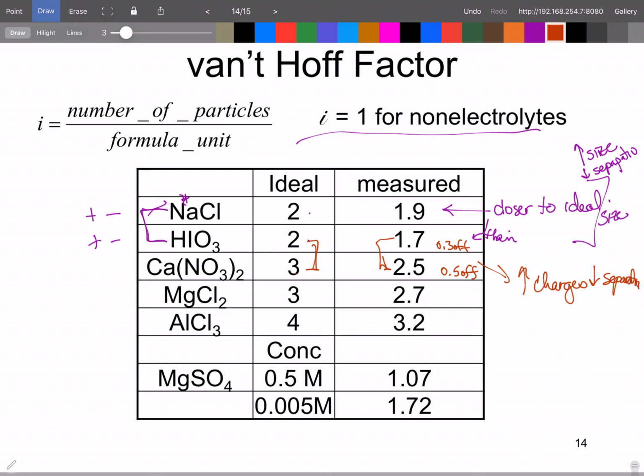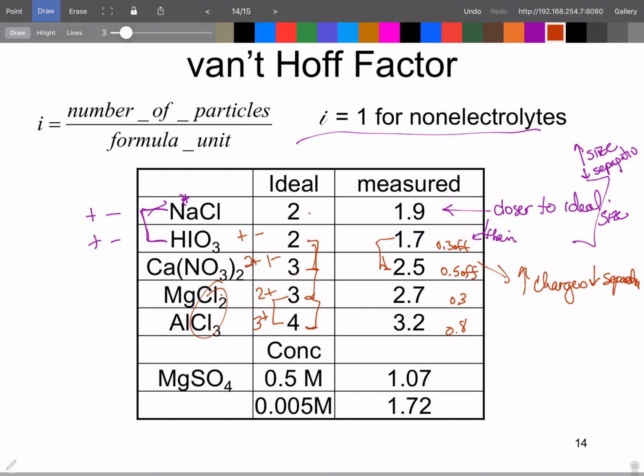So we go from +1, -1 here to 2 plus and 1 minus, but there are 2 of them. So we have a factor going on here, and you can see this continue to go up if you have the same charge on this side, but you have a 3 plus charge to a 2 plus charge. Again, this is 0.3 off and this is 0.8 off.